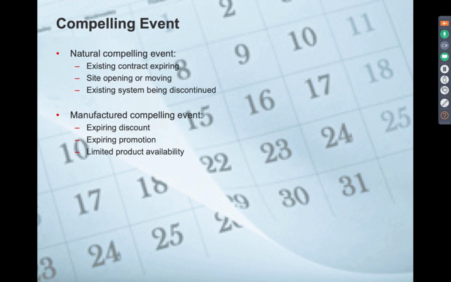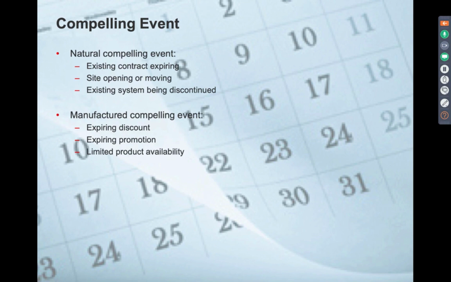So if the contract expires at the end of the year and your proposal has to start on January 1, the customer can't have no contract in place for a month or any days. So that's a compelling event.